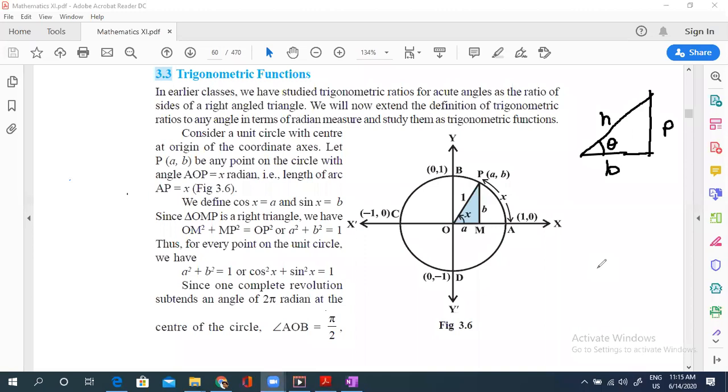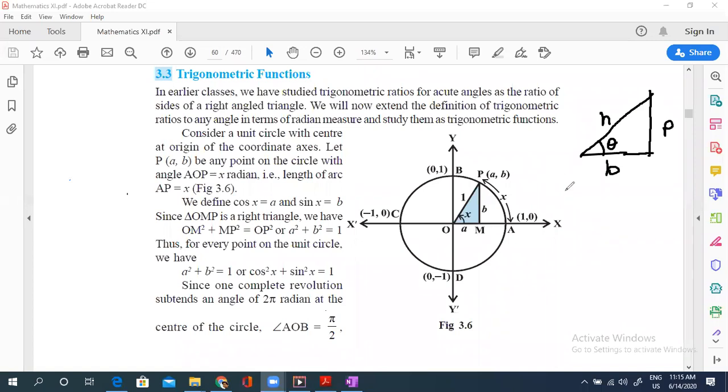Now we want to know the relationship between these sides and this angle, and for that we have trigonometric functions. A trigonometric function relates the sides with this angle theta. We can have a relationship of 2 sides and 1 angle.